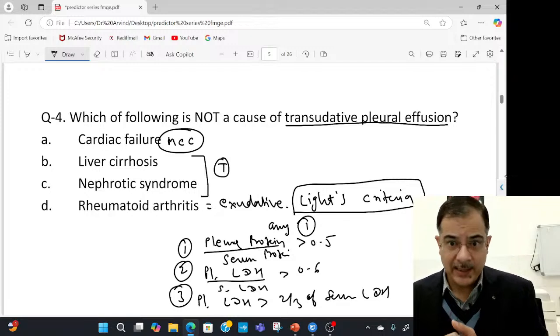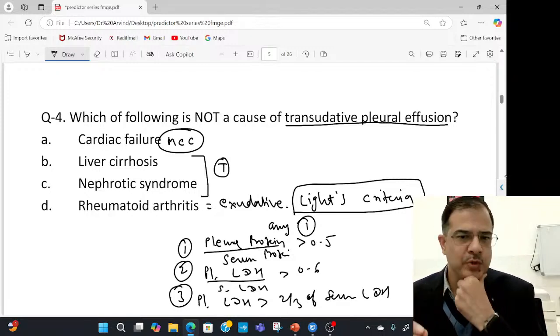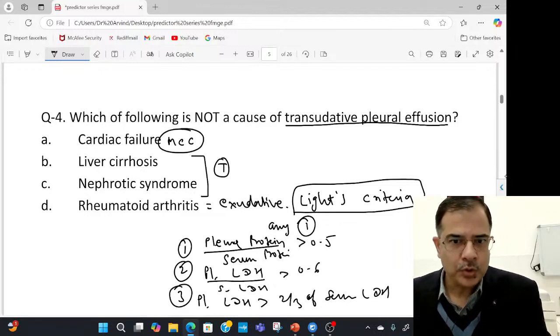These constitute the Light's criteria. Very, very important. Exudative effusion is due to rheumatoid arthritis. Indeed, the most common cause of exudative effusion worldwide is pneumonia.